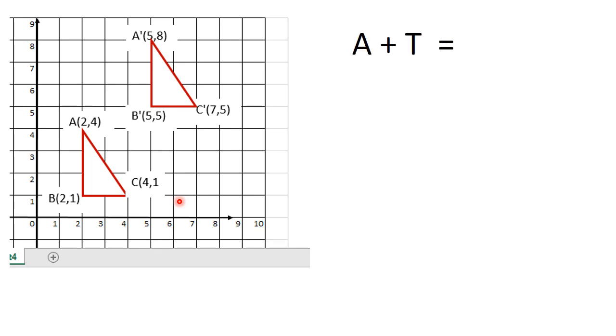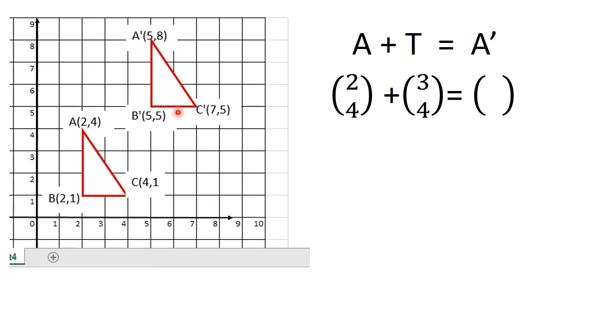Now, if you get the point A and just add the translation vector, you get A prime, which is the point 5, 8. What do I mean? If you get 2, 4, you add 3, 4, that gives you 5, 8. That's a general rule.